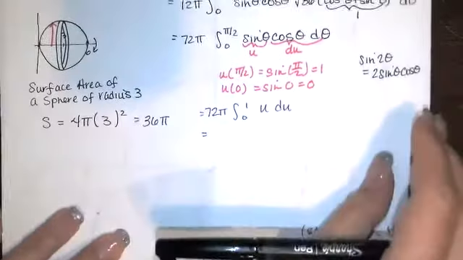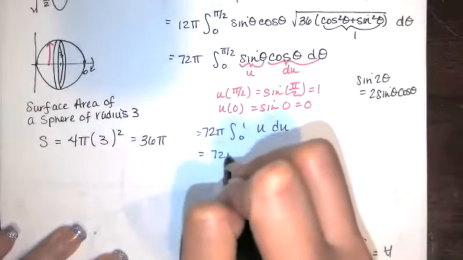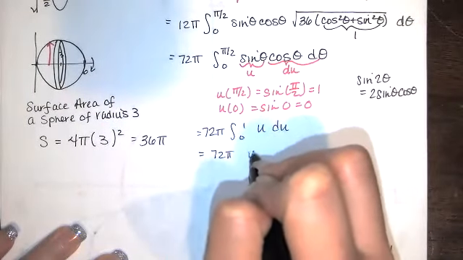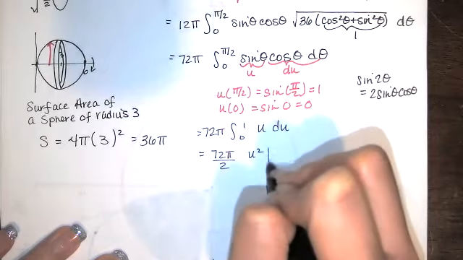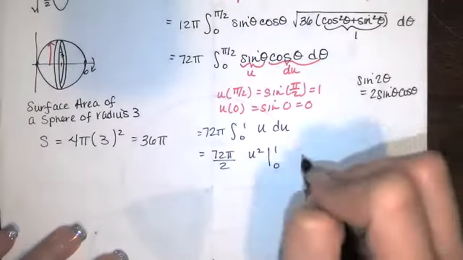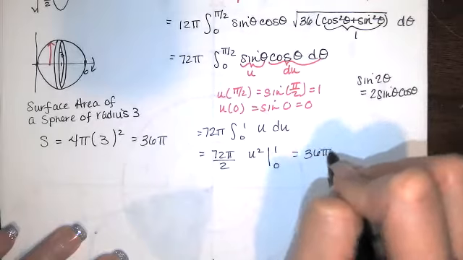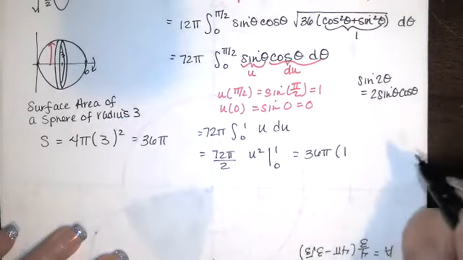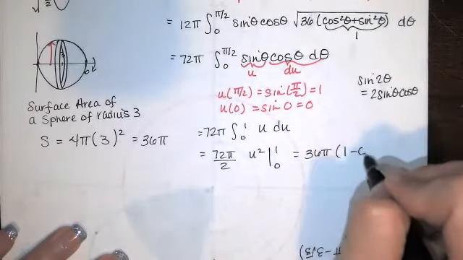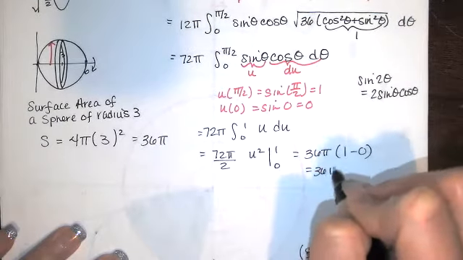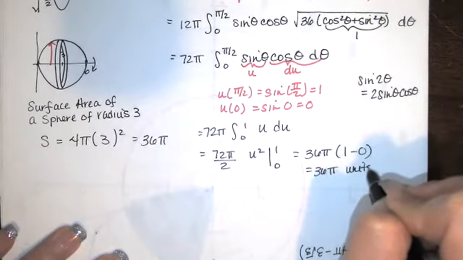So we get 72 pi, add 1 to the exponent, divide by the new exponent, substitute in 0 and 1 and subtract, and you just get 36 pi times 1 minus 0. So we get 36 pi units squared.